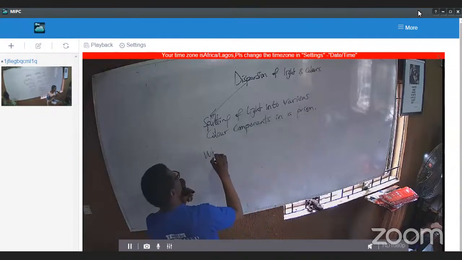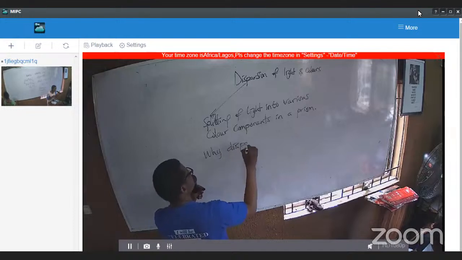Class, why do we have dispersion? Why did the color split?